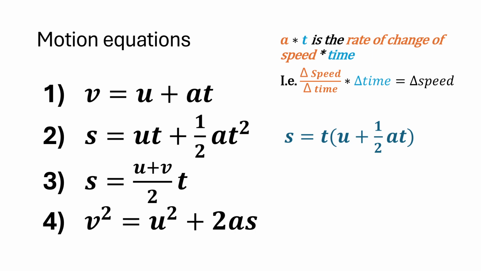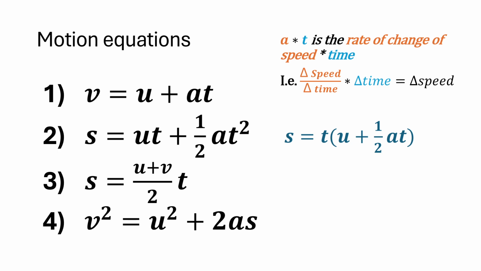So then essentially displacement is time multiplied by average speed. And that you can see from your speed, distance, time equations. Speed is distance over time, so distance is speed multiplied by time, except now, of course, we're dealing with vectors. Third equation: u plus v over 2 multiplied by t gives us our displacement.